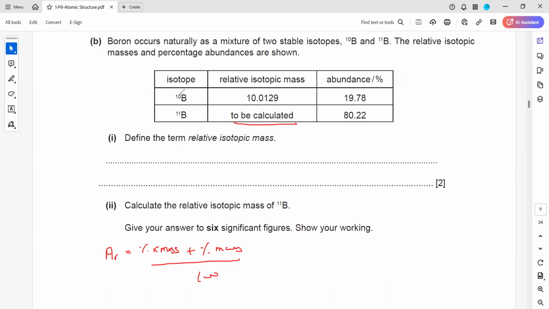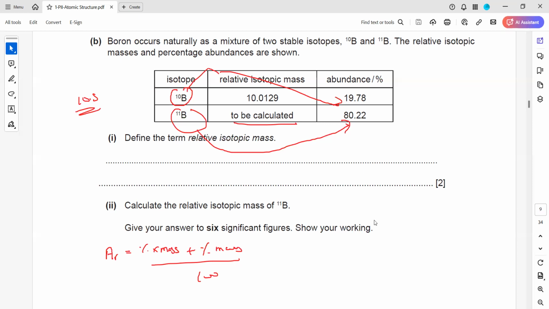So if boron 10 has a percentage of 19.78, and there is boron 11, what will be the average of these two masses? The average of the mass will be 10.8. That is the average mass of the two boron.